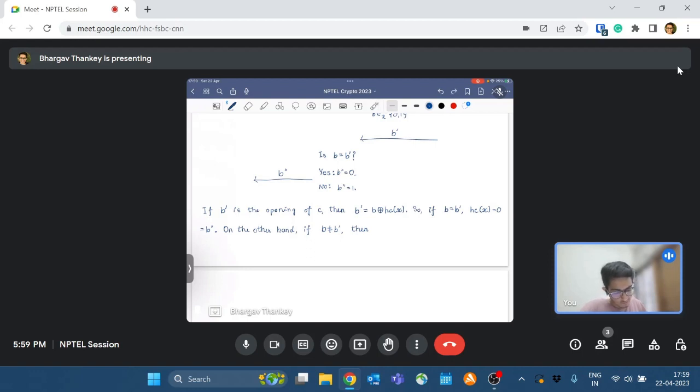So if b is not equal to b prime, then HC has to be 1, right?